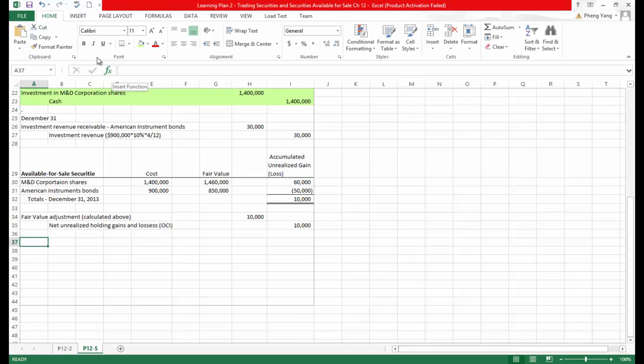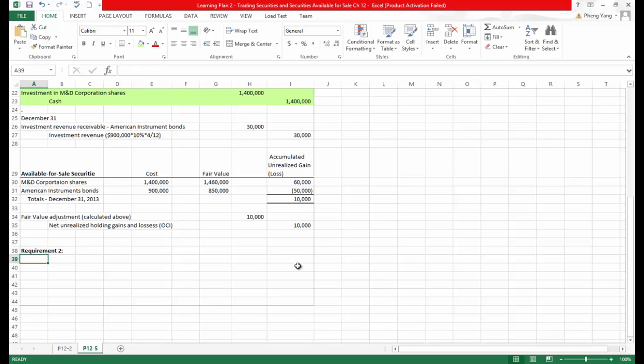In requirement 2, indicate any amounts that Ornamental Installation will report in the 2013 balance sheet and income statement as a result of these investments. Okay. All right, so requirement 2.